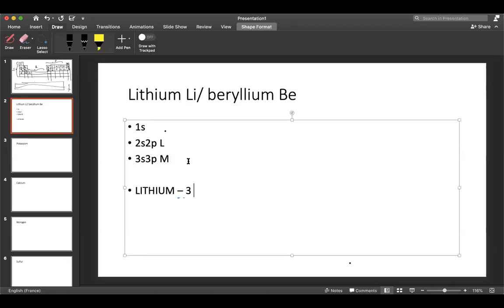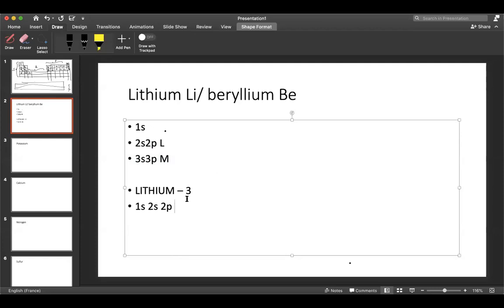Lithium 3. So if we want to occupy the electrons, I'll use this method. We occupy each orbital with the maximum electrons each shell can hold.